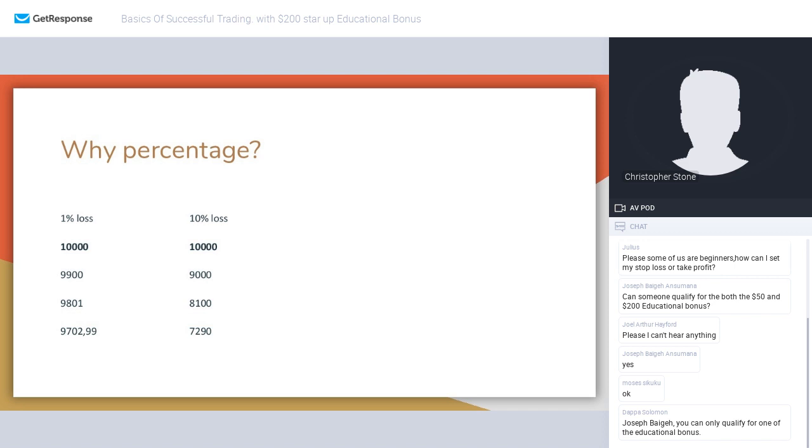So if you have $10,000 and you lose 1% in a trade, your trading account will be $9,900. Then you risk 1% of this amount, which is $99.